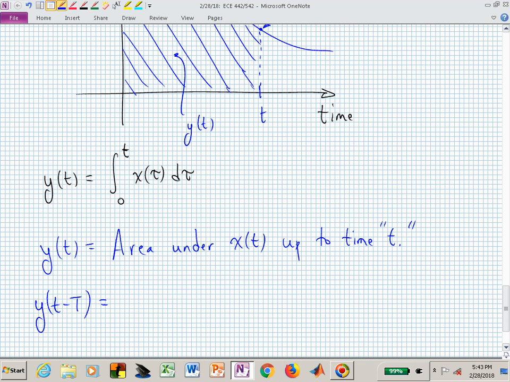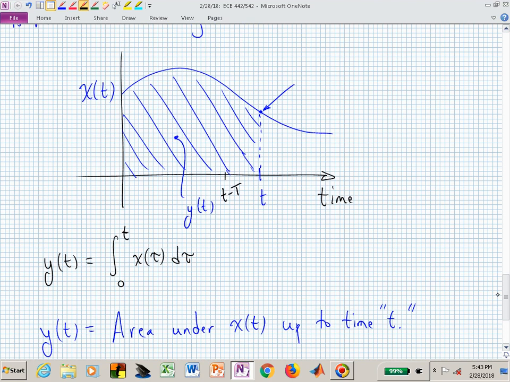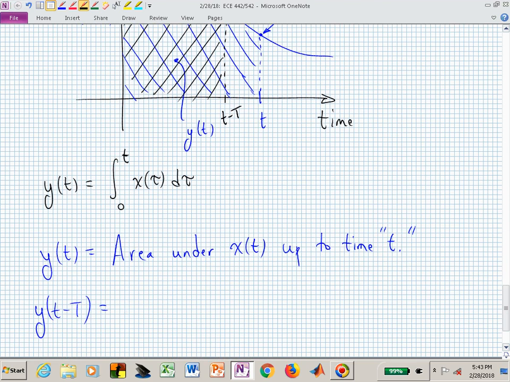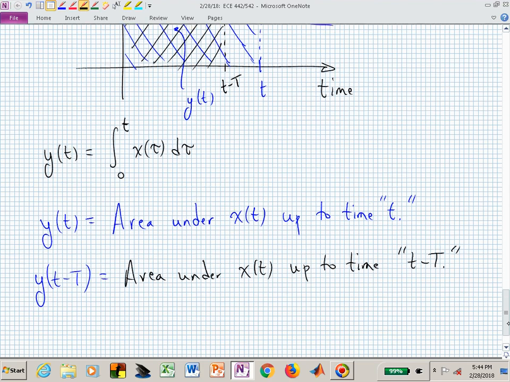If capital T represents a sample period, we're now simply going up to, and I'm going to exaggerate this, let's say this is now t minus capital T. We would just go up to that point, and then we would have this shaded region where the black shaded part is y of t minus capital T. So this y of t minus capital T is the area under x of t up to time t minus capital T. And now we can relate those two y's to each other.